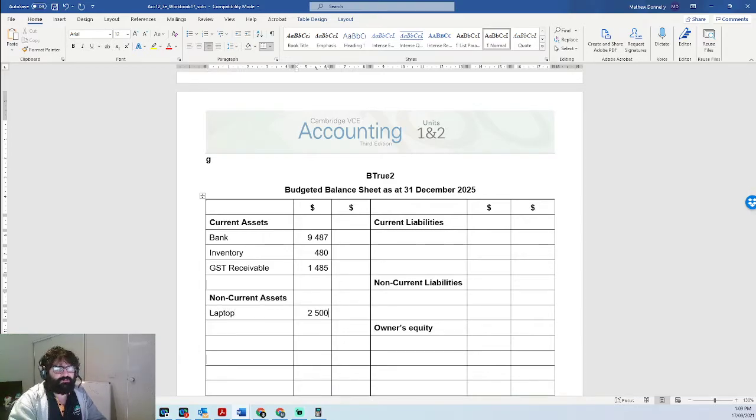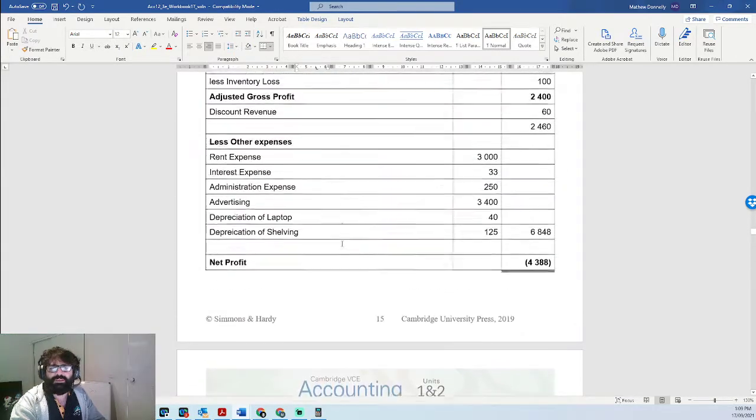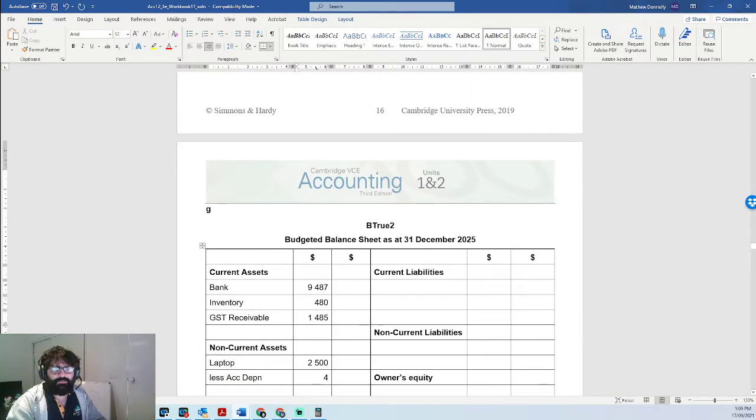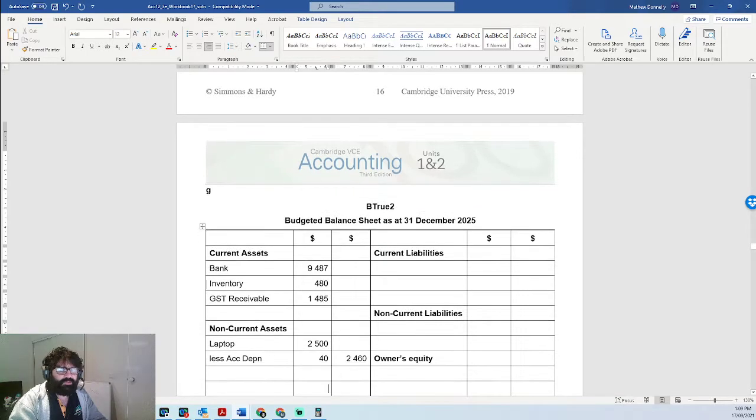We go by the historical cost, 2,500, less ACDEPN. And the accumulated depreciation for the month was, from the income statement, $40. And that becomes 2460.